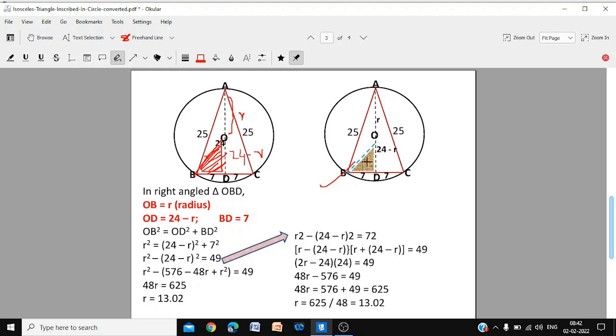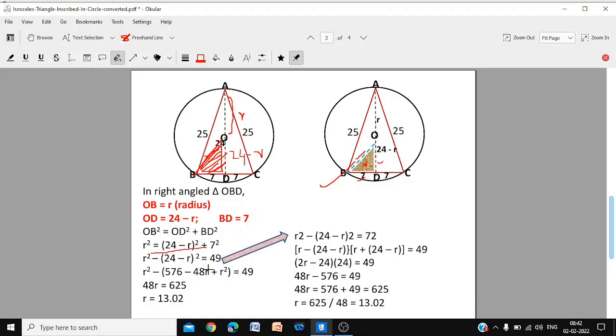This triangle is what we have to concentrate on. This is 24 minus R, this is R, and this is 7. So by Pythagoras theorem, OB square, the radius square, is equal to OD, which is 24 minus R whole square, plus 7 square.